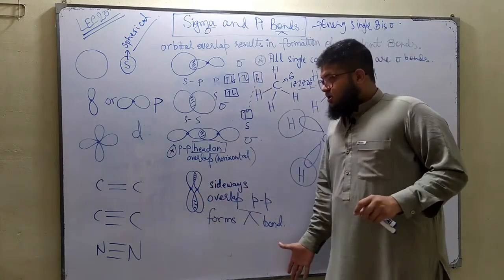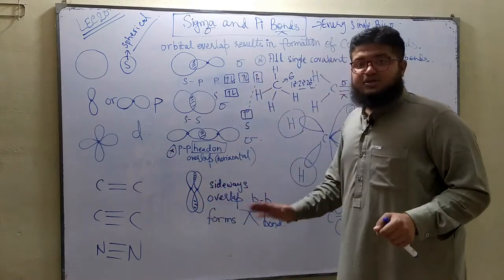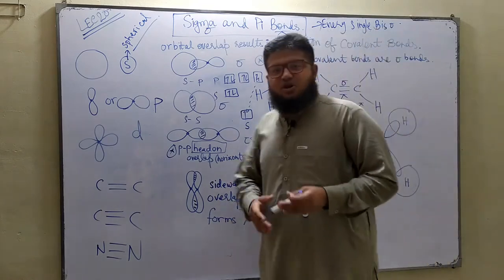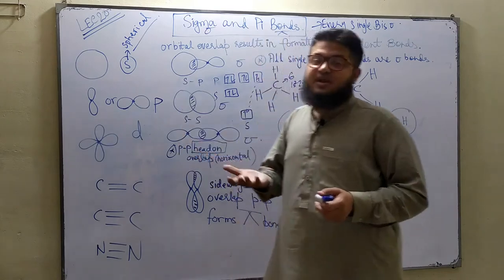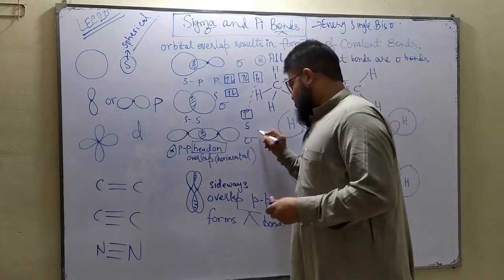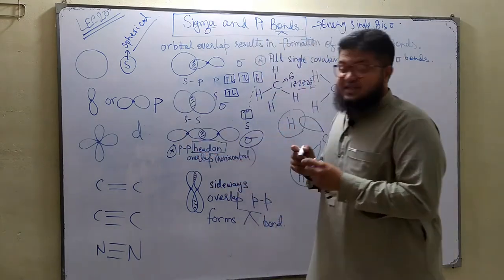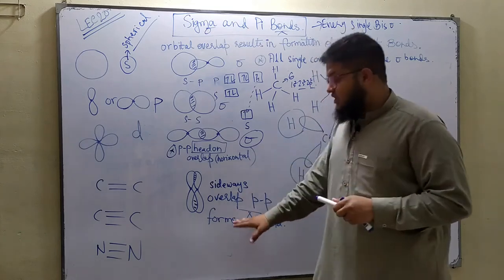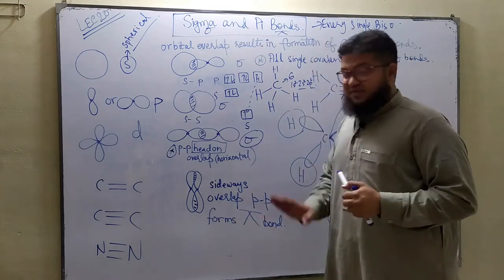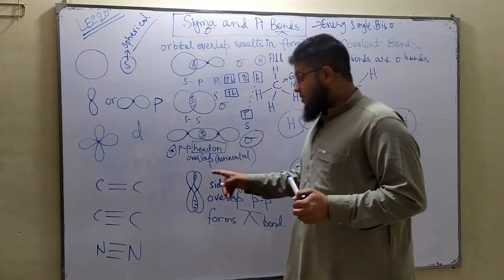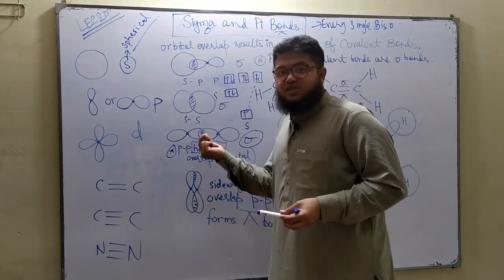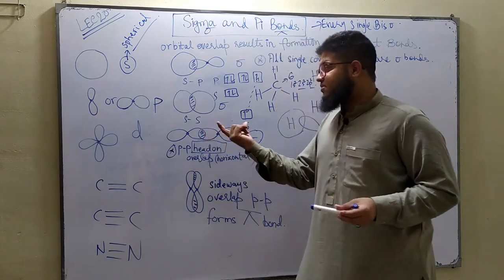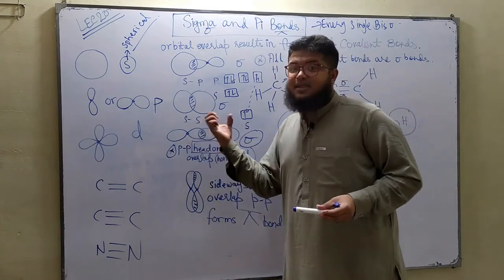Alright, so this is the difference between sigma bonds and pi bonds. And by the way, which bonds are going to be stronger in nature, meaning which one will require a greater amount of energy to break? It's the sigma bonds. Remember that sigma bonds are always going to be stronger than pi bonds individually, because pi bonds have two regions of electron density, while a sigma bond has only one. One region of electron density means the region of overlap is very compact and strong.